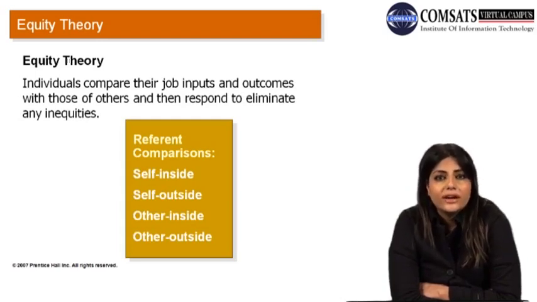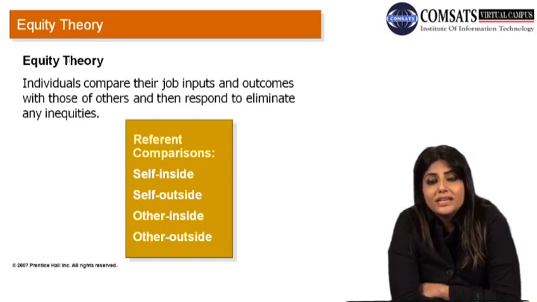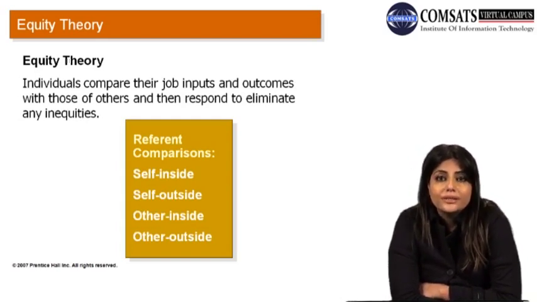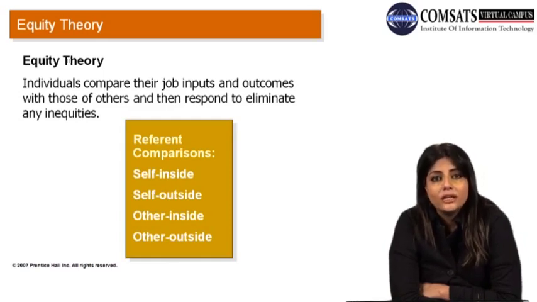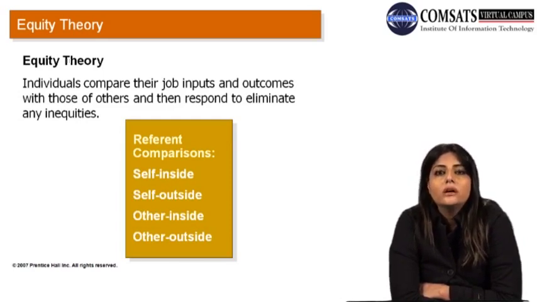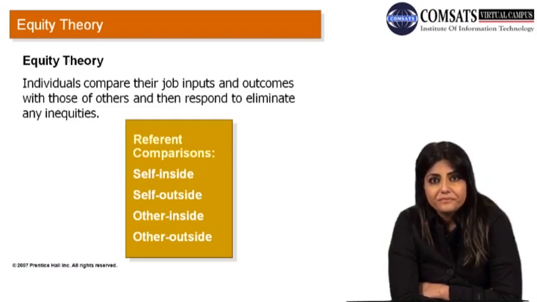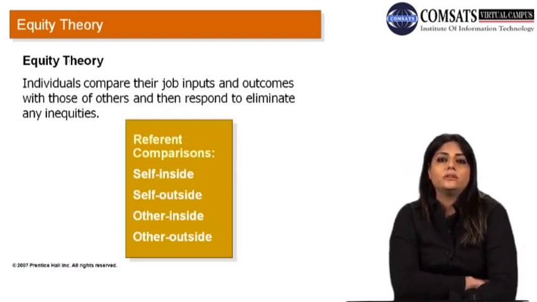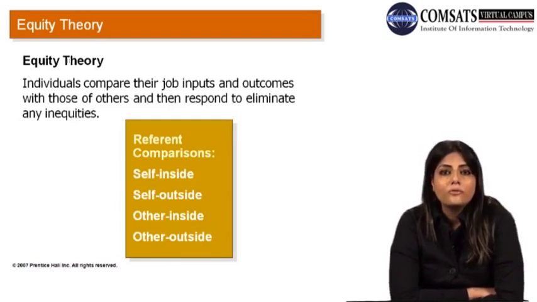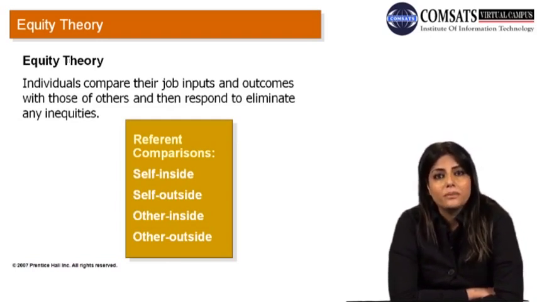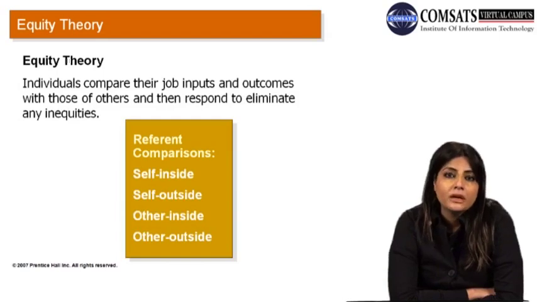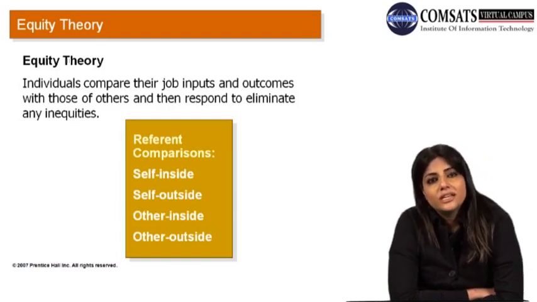All of a sudden, Jane finds out that the company has hired a new worker with the same credentials as Jane, but he has been paid $2,050 a month instead of the $2,000 offered to Jane. So Jane immediately compares her credentials with those of the newcomer, who has the same credentials but is being paid $50 more than Jane.